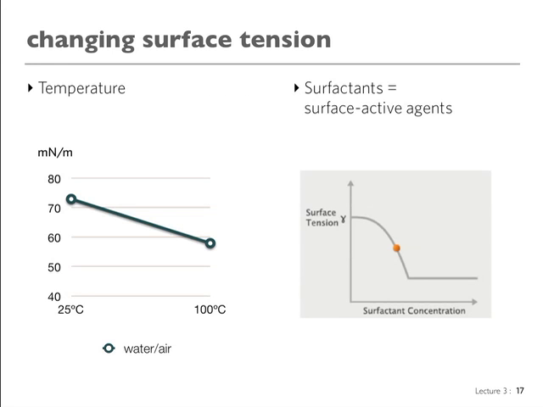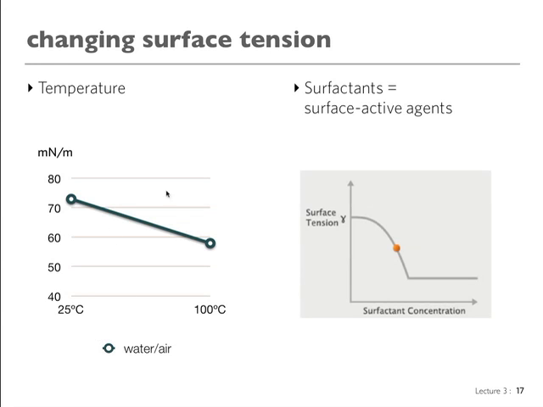So you asked earlier about whether temperature affects surface tension, and indeed there are two ways to affect surface tension. One is changing the temperature, and generally what you will see is that surface tension decreases with increasing temperature.